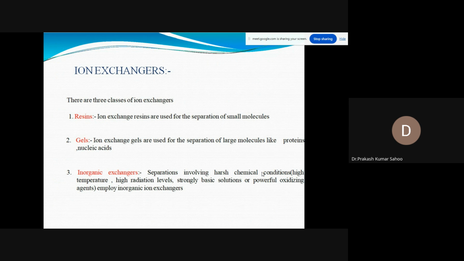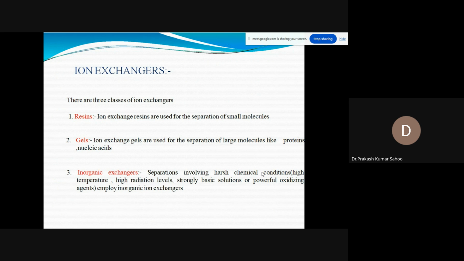Now the ion exchanger part is what is known as the spinal cord of ion exchange chromatography. These are the ion exchangers on which ion exchange chromatography stands. There are three classes of ion exchanger. One is the resin, which is already discussed. Ion exchange resins are used for the separation of small molecules, or it may be gels.